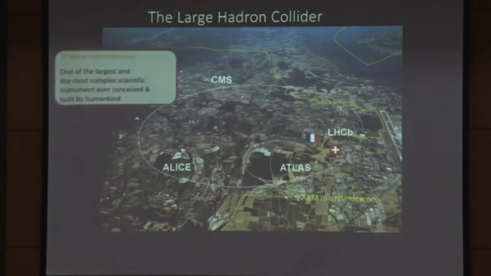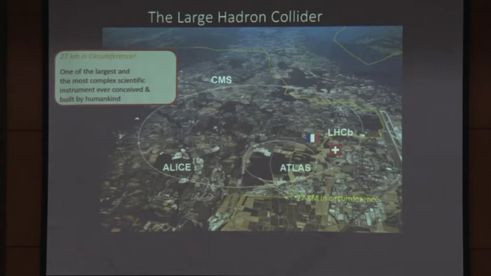So we have a gigantic machine that you have heard of. This is Lake Geneva, this is Switzerland, and this is the French side. So part of it is in Switzerland, part of it in France, and CERN is over here. Fortunately, the electrical plugs are not identical across this site at least.